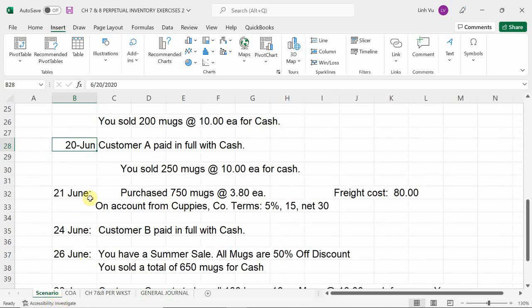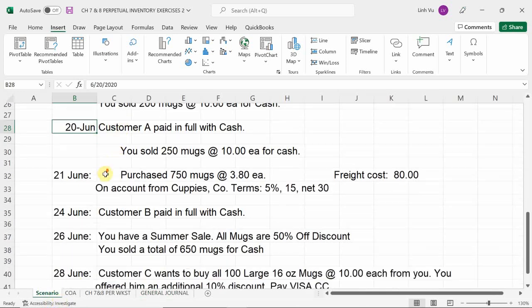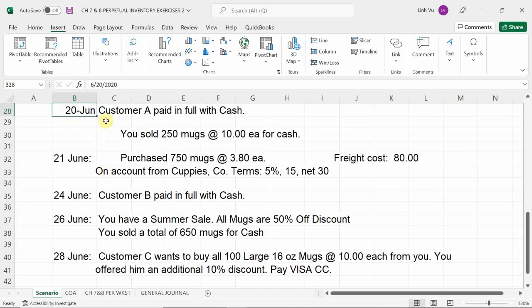So let's see what happened next. June 21st, we end up purchasing 750 mugs at $3.80 each with a freight cost of $80 on account from Cuppies Co. Terms are 5% 15, net 30. Okay. So what happened here?